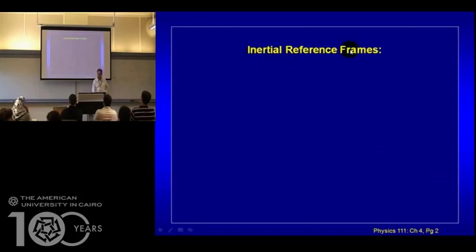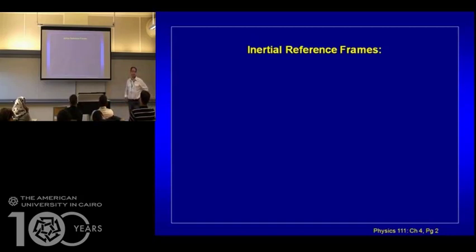IRF, the inertial reference frame. Inertial reference frame means that you have to choose a frame to measure all motions relative to that frame. Or in other words, we have to choose a coordinate system to measure all motion relative to that coordinate system.